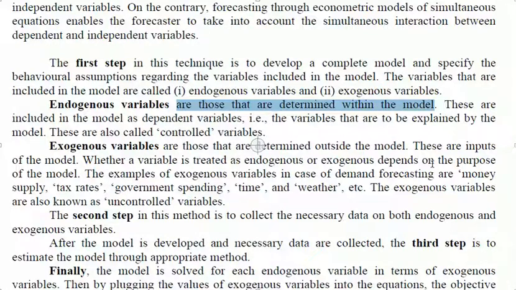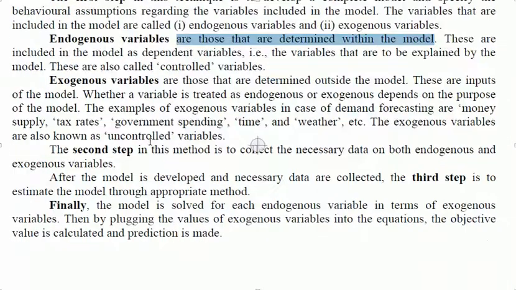These are inputs of the model. Whether a variable is treated as endogenous or exogenous depends upon the purpose of the model. For example, exogenous variables can be money supply, tax rates, government spending, time, weather. They are not at all under our control, whereas endogenous variables can be the quality of the product, the price of the product, something like that.